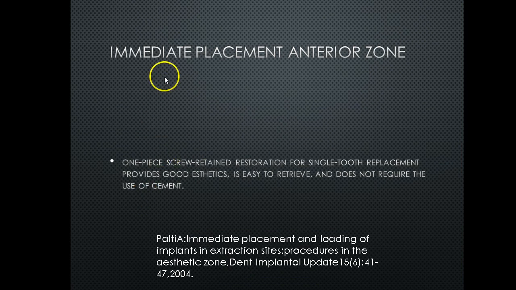If you're thinking about doing an immediate placement in the anterior zone, our recommendation is to have a one-piece screw retain restoration for a single tooth. It provides a good aesthetic, it's easy to retrieve, and it does not require the use of cement.